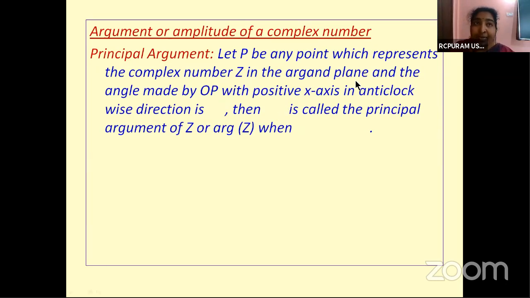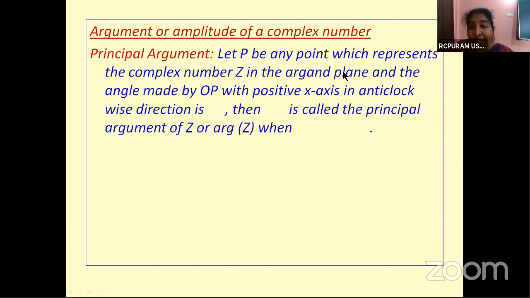It is something like your Cartesian plane only, but the difference is that your x-axis there will be called the real axis here, and the y-axis in the Cartesian plane will become the imaginary axis in the Argand plane. Right? There on the x and y axes, we were representing real numbers, but here on the real axis, we will find the real part, and on the imaginary axis, we will find the imaginary number.